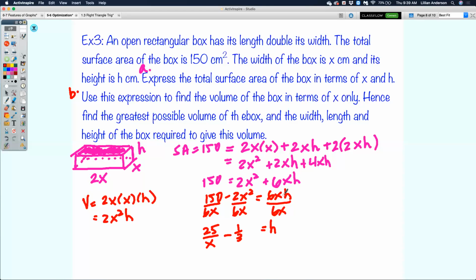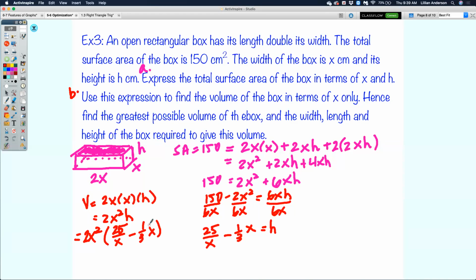And then x squared over x is? X. Very good. So I'm going to plug that in for h over here in my volume formula. So that becomes 2x squared times 25 over x minus 1/3 x.